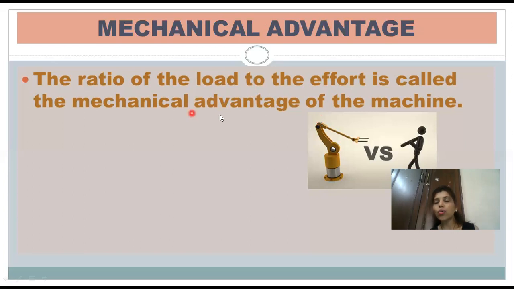So whether it's going to help you to decrease the effort, that means force multiplier, or it's going to save your time, that is gain in speed, or it is helping you to change the direction of the effort applied, all this is known as mechanical advantage. So the value for mechanical advantage is found by taking the ratio of load to the effort.